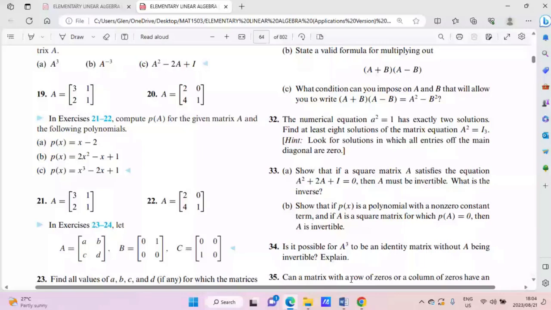22B. Yes. 13, 0, 60. Hang on, is this 13, 0? Are they in the first row? Yeah, first row 13 and 0, and second row 60 and minus 1.